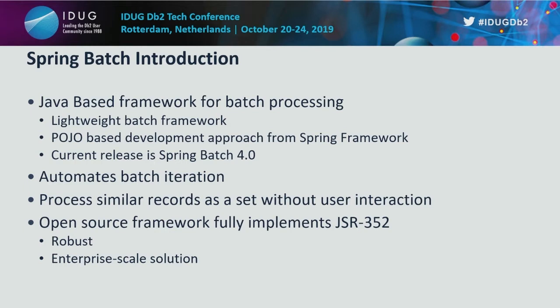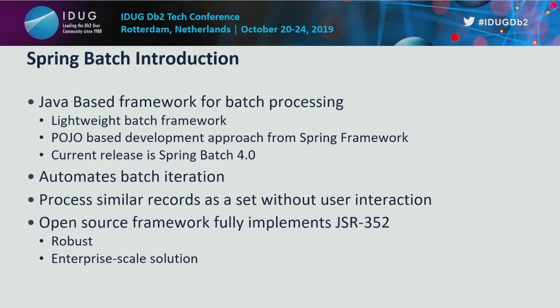It's based on what is called the POJO-based development approach from the Spring Framework. POJO is plain old Java objects. It automates batch iteration. It processes similar records as a set without user interaction. So it takes care of all that stuff that you would do on the mainframe, in Java batch, based on this standard by IBM.